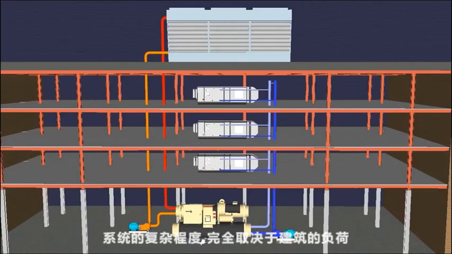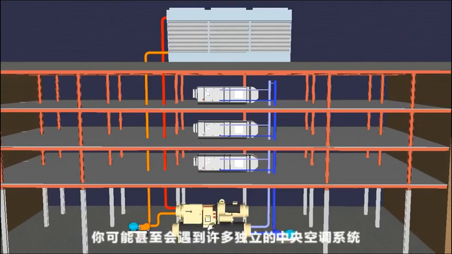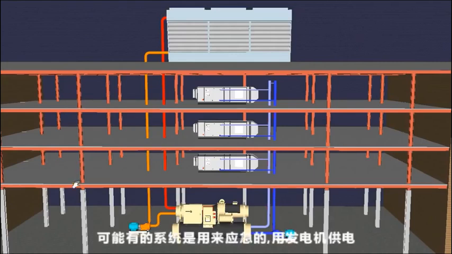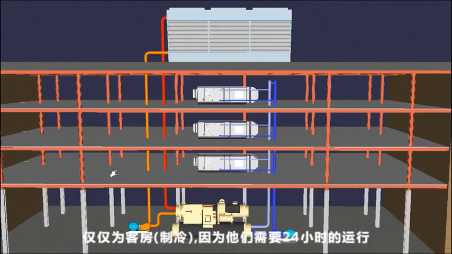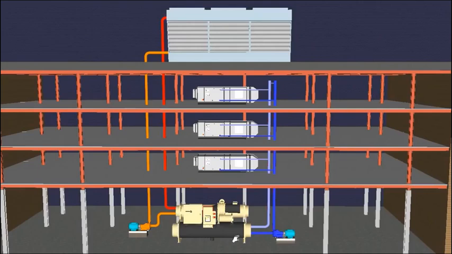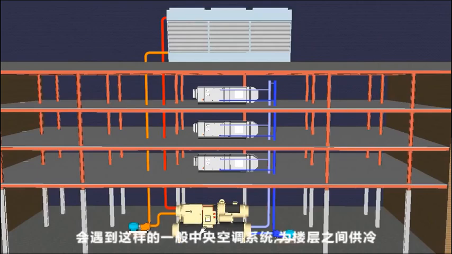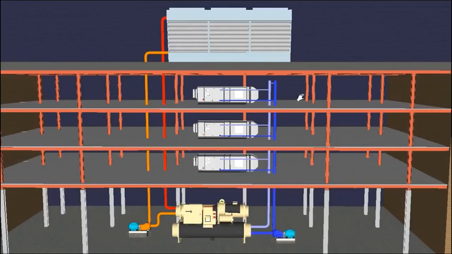You might even have a number of separate chilled water systems. You could have a system which deals with critical loads, so it's generator fed and it supplies only the server rooms because they need cooling 24/7, and you'll have this common centralized system which handles the space temperature within the floors.